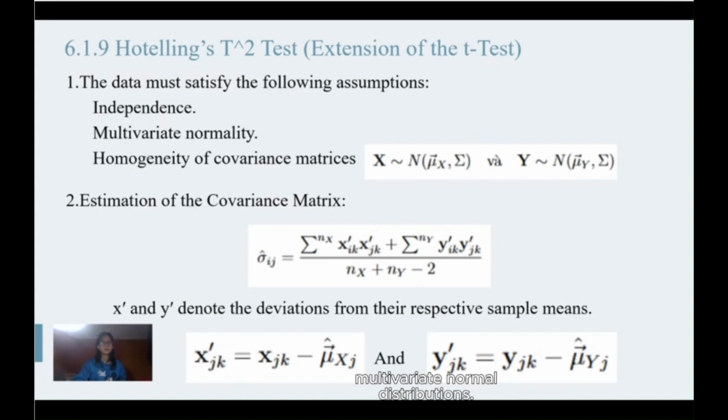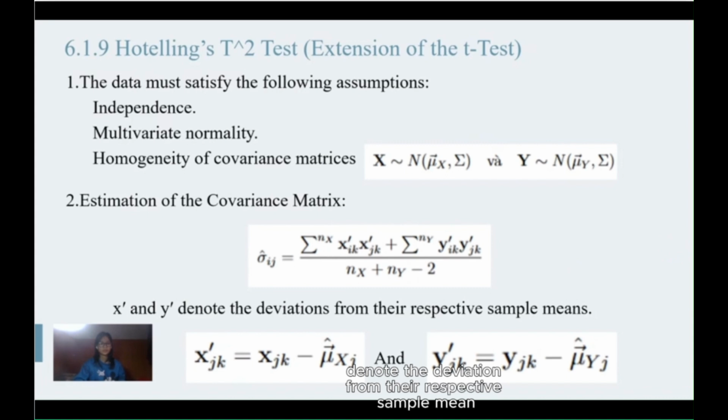The estimation of the covariance matrix denotes the deviation from the respective sample mean.